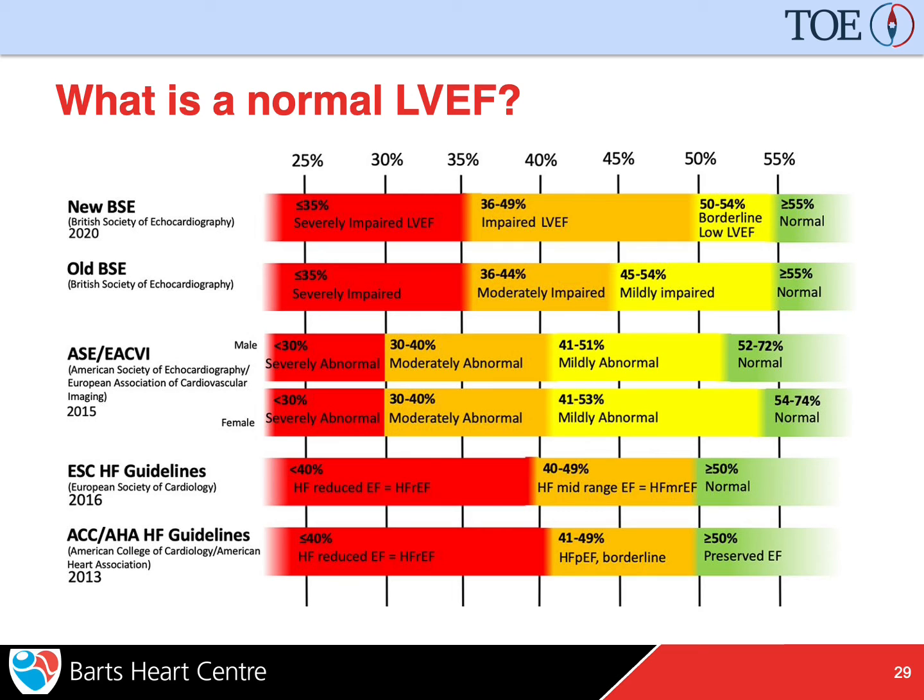Be also aware that there are significant institutional differences in how things are reported. For example, here at Barts, when the physiologists are reporting left atrial dimensions, they report using the American values. The reason for that is that they differ. The British reporting system uses gender matched values for left atrium, which are different.